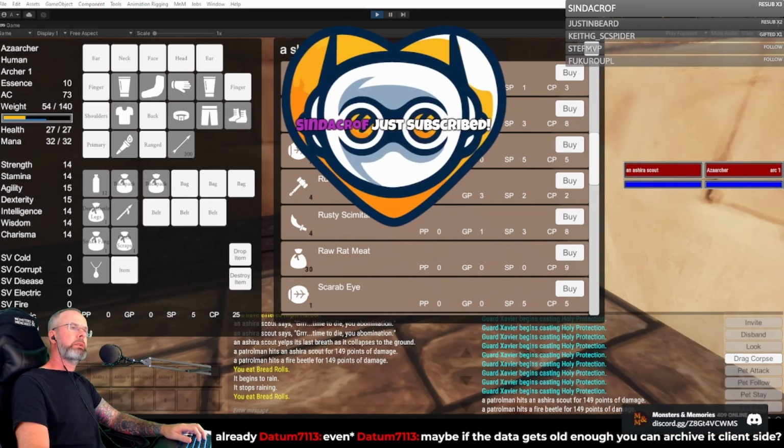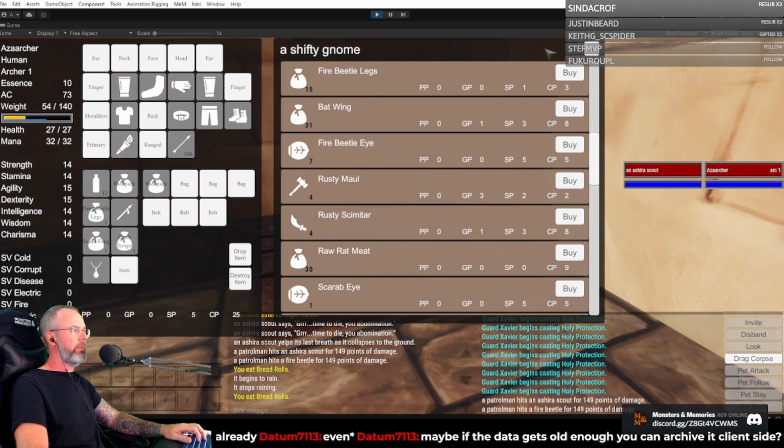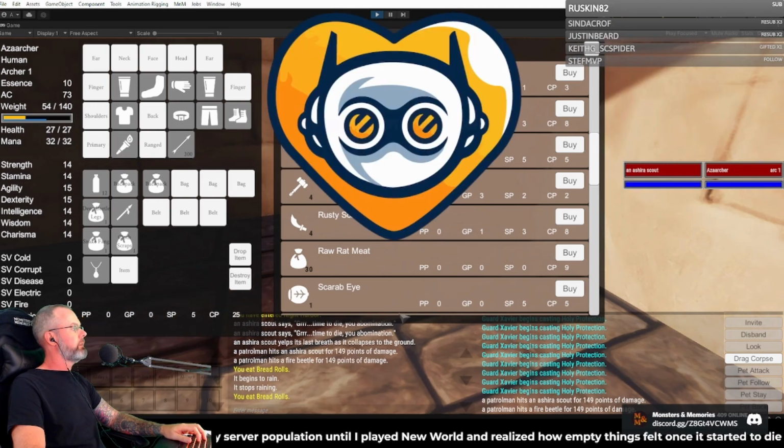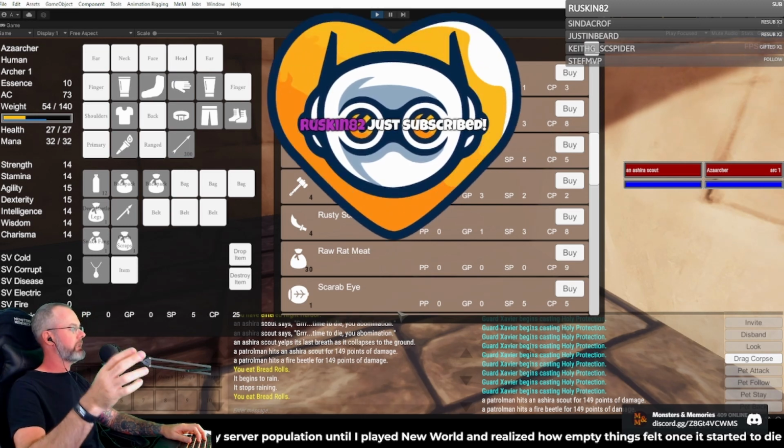With regards to the shared bank space, one of the concerns that we have is we're trying to find ways to maintain the integrity of the world and the scale of it as much as possible.